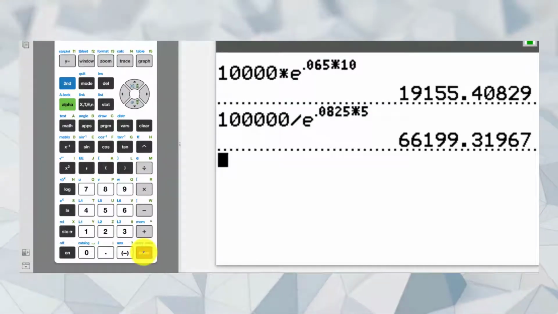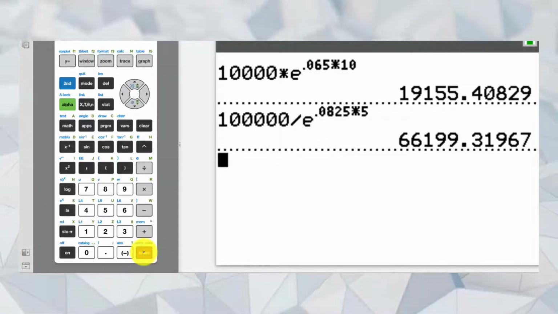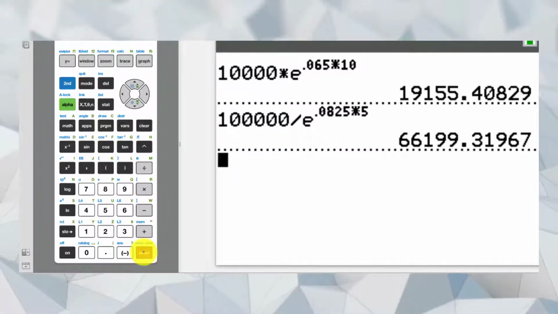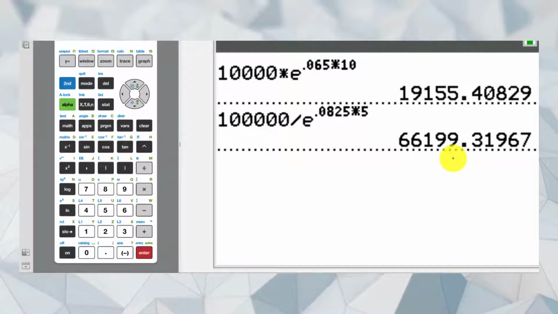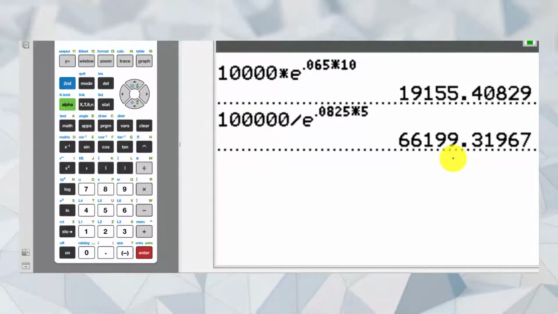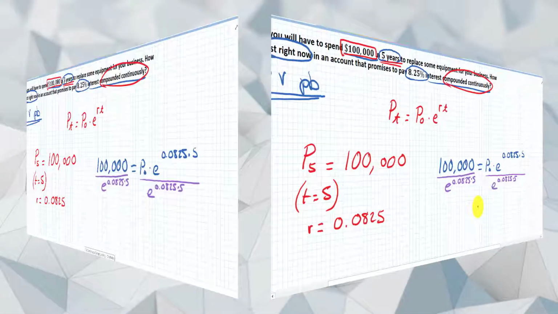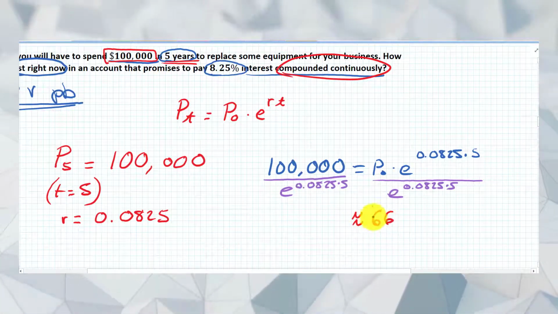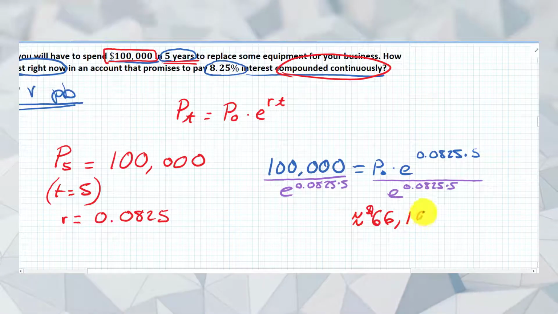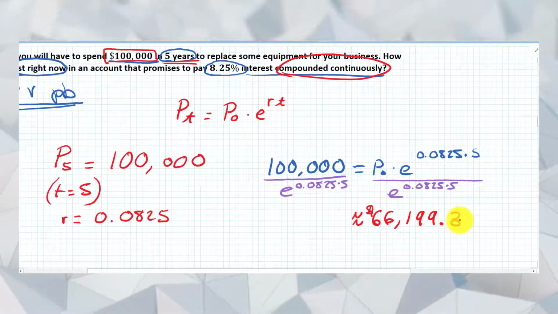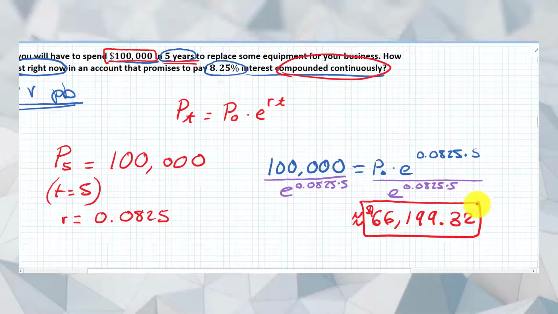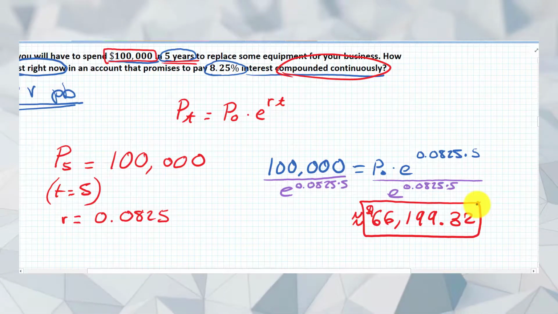How much do I need to invest right now? This amount. So this is $66,199, and careful, this is a present value problem, so we need to write 32 cents. Okay, so let's report the number. So this is about $66,199.32. Here we go.